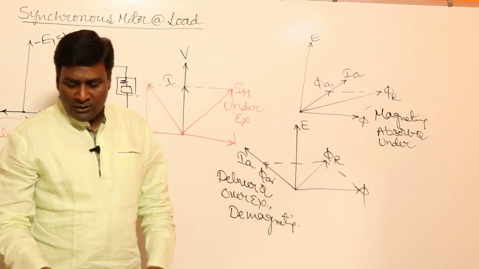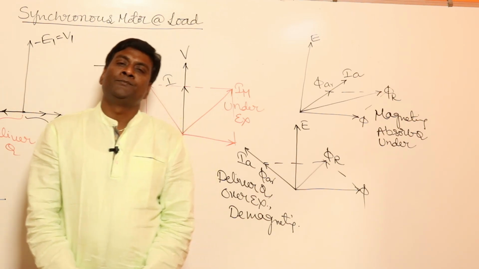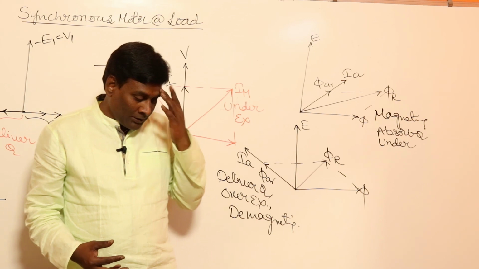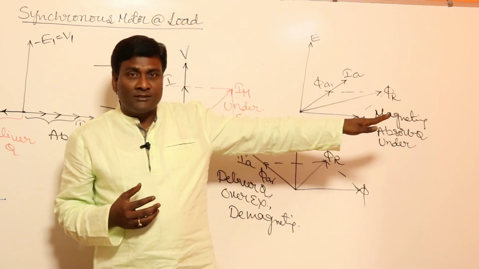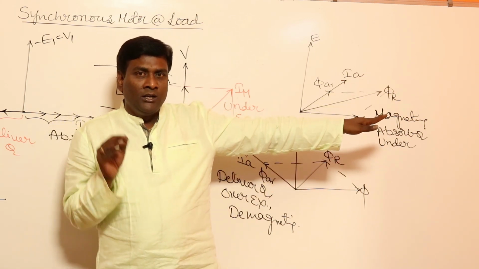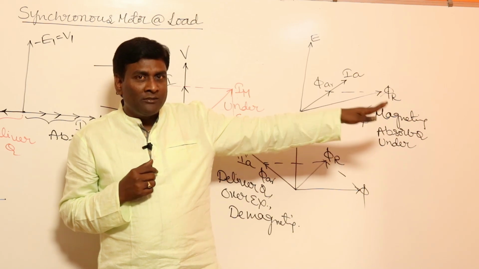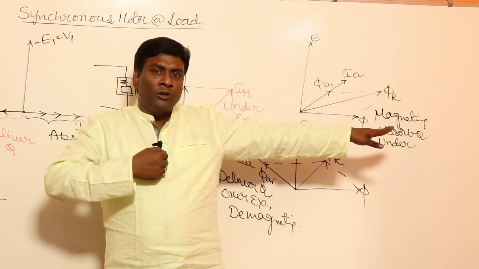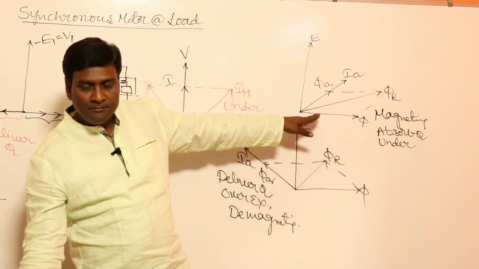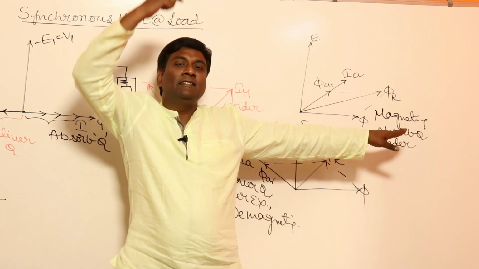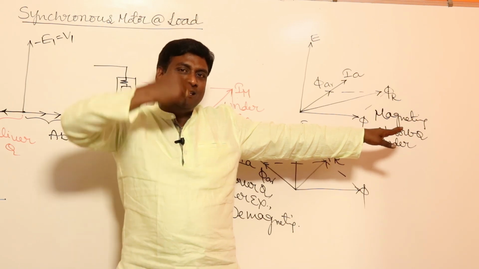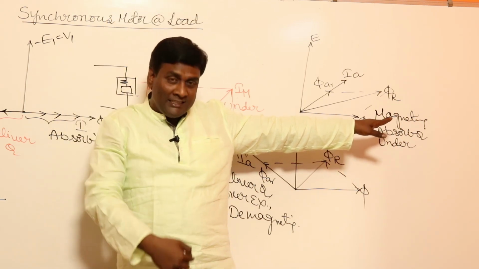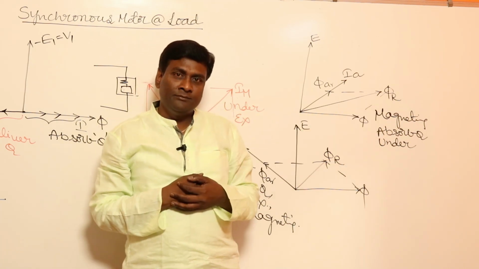Okay, now at the end, forget about all. We need not remember. For example, see, this is the operating flux, phi naught. Focus here please. This is the operating flux, phi. And if I consider E this way, it means it is a motor. If I consider E this way, it means it is a generator.